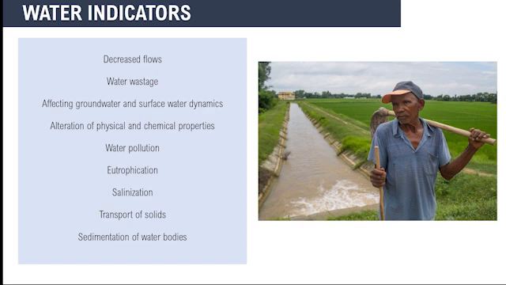Water wastage: when we are doing any kind of activity, we will probably have a bit of water wastage. So we need to see where this water is coming from. Depending on where this water is coming from, the impact will be higher or lower.